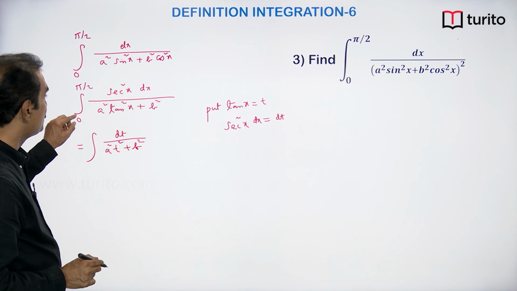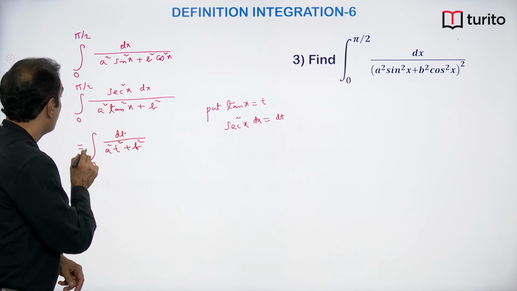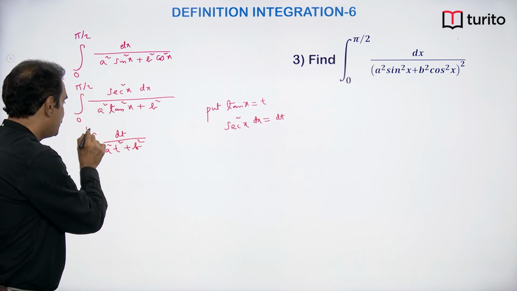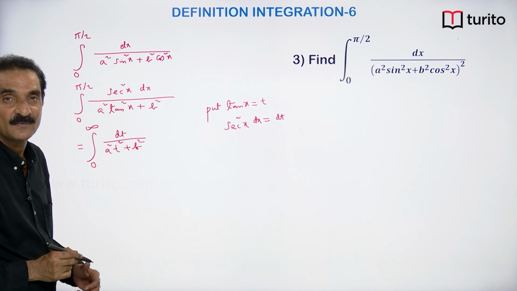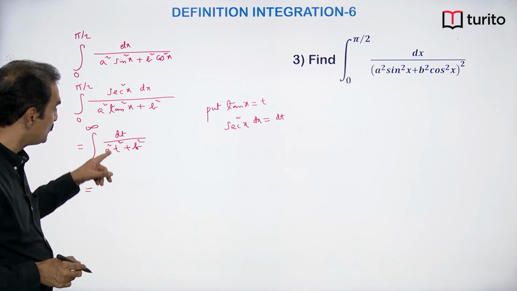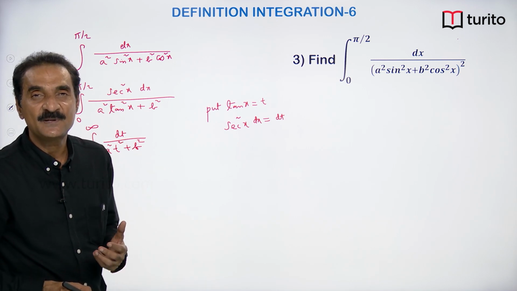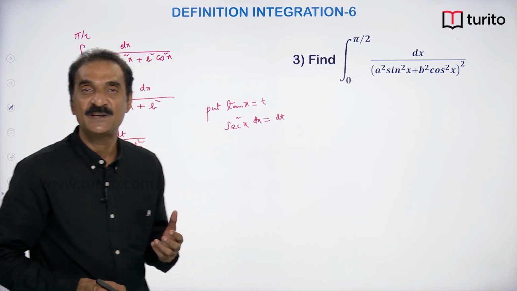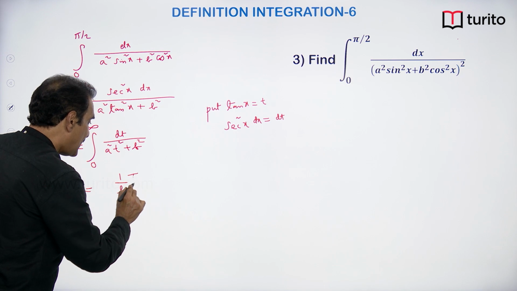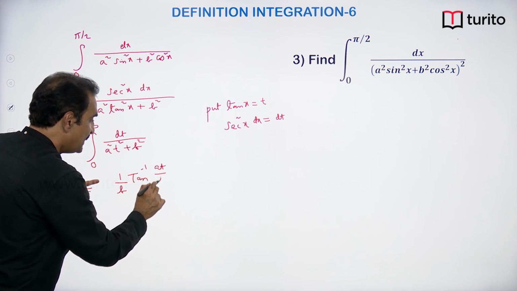What are the new limits? If x is 0, t is 0. If x tends to pi by 2, t tends to infinity. What is the integral now? It is in the form of 1 by x square plus a square. Integral 1 by x square plus a square is 1 by a tan inverse x by a. 1 by a means 1 by b tan inverse at by b.